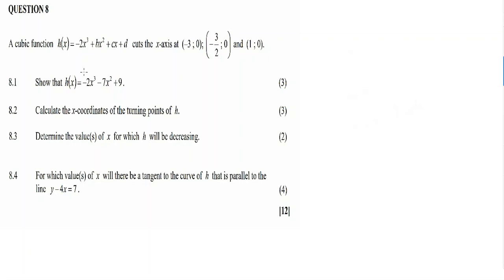Cubic function questions are asked in two ways: they give you an equation and then ask you to sketch the cubic function, or they ask several questions and in the end ask you to sketch the function, or they give you the function itself already drawn and ask questions, or they give a question like this where you have to find the equation of the function.